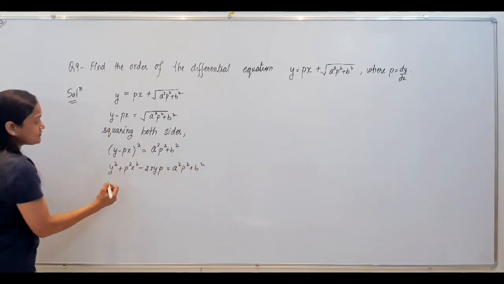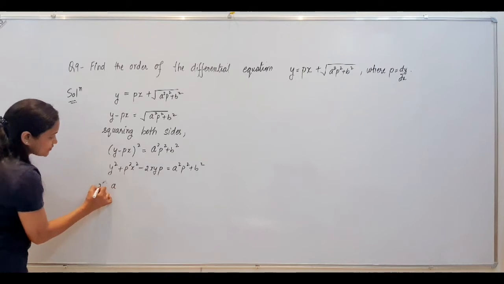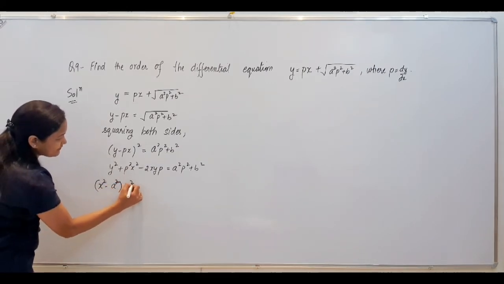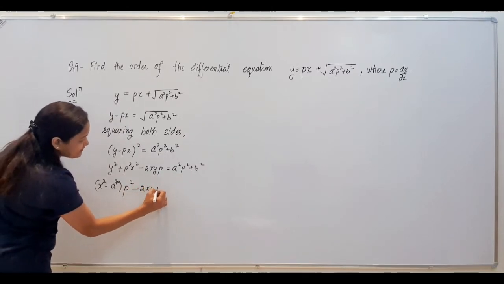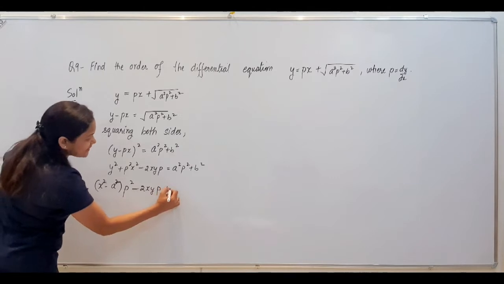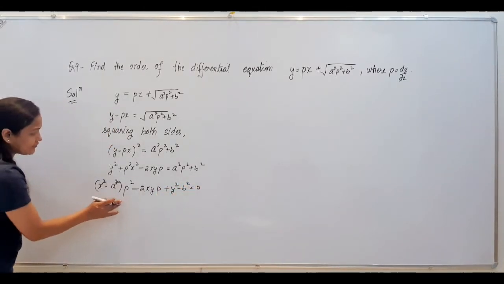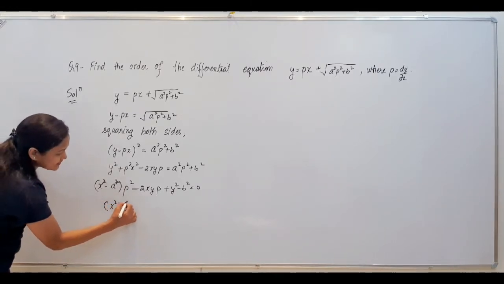तो p square के टर्म्स आप मर्ज कर लो, p square x square minus a square p square, p की टर्म आपकी है minus 2xy p, और b square को भी आप यहाँ ले आओ. So you will get, what is p? p is dy by dx.